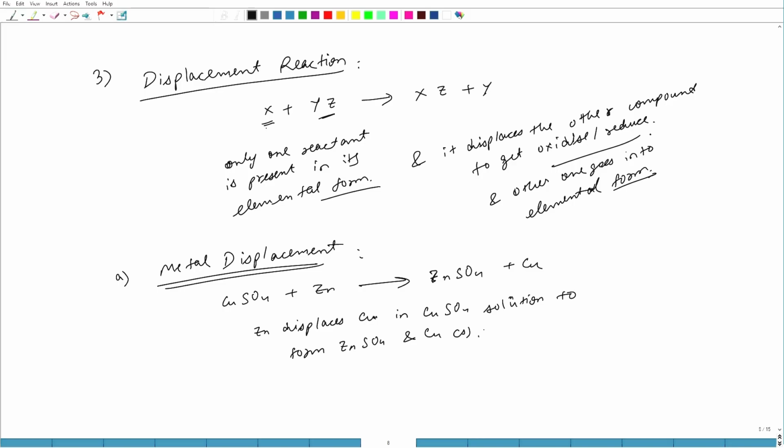So this is a kind of metal displacement, that means one metal displaces another metal.